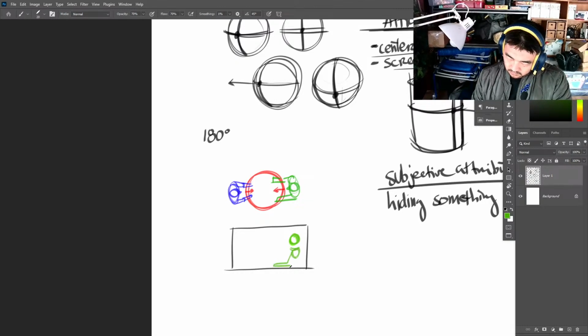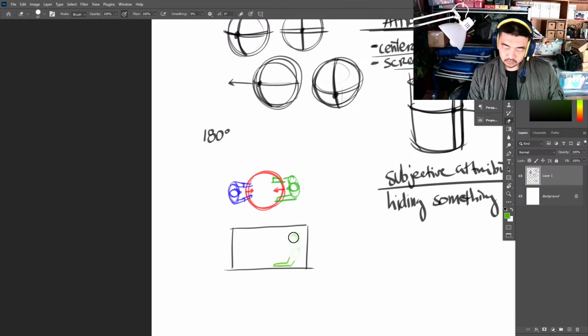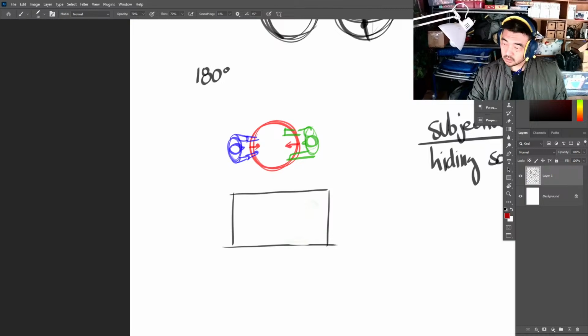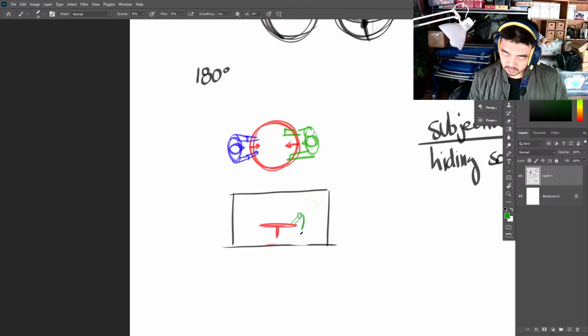You're sitting at a table. Sorry, let's do it wider. Table. Arm. Body. Hips.